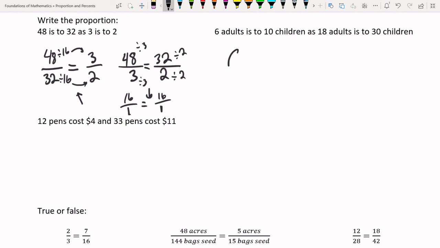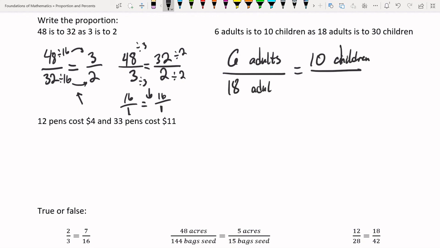So 6 adults is to 10 children, as 18 adults is to 30 children. What you see here is that now the units cancel. Adults, adults, children, children. And we have just the numbers now.